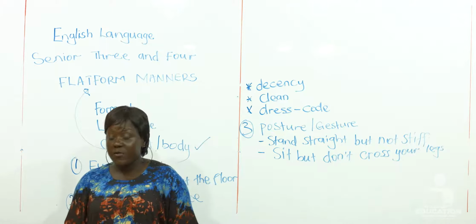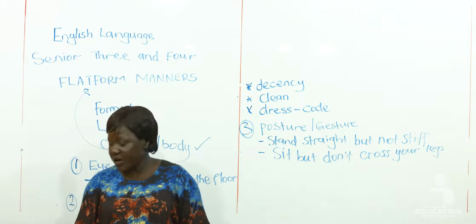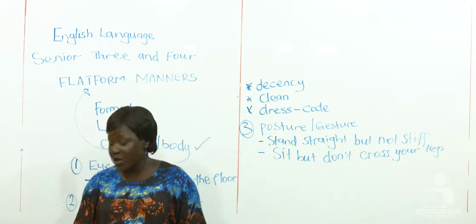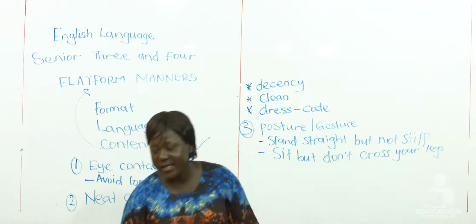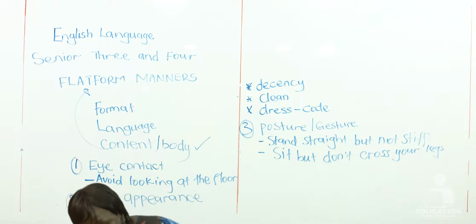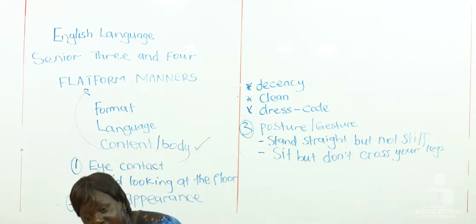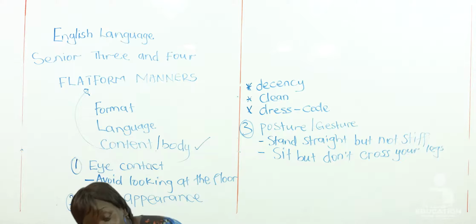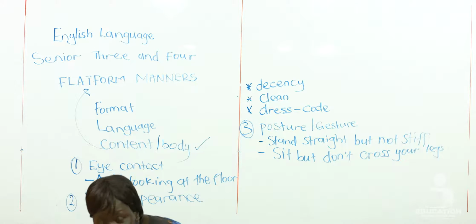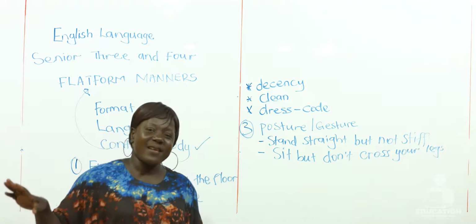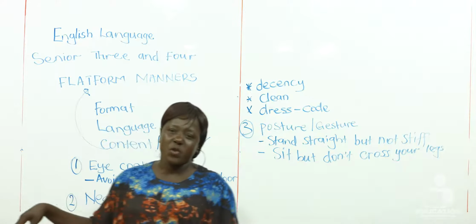Not only fidgeting or shivering before your audience, you should not lean against anything. Don't come and get a table, then you just lean and begin to speak. "My dear ladies and gentlemen, I am here today to speak about the independence of South Sudan." Then they will say, is this speaker sick or is she just being proud?